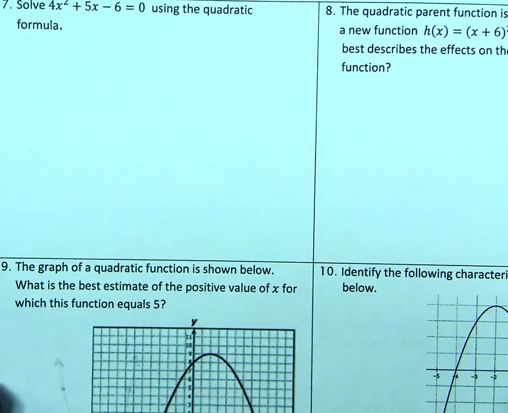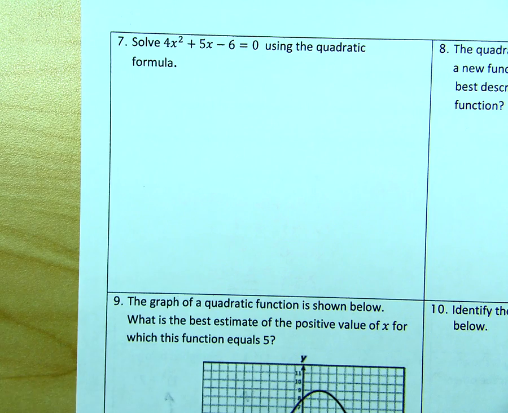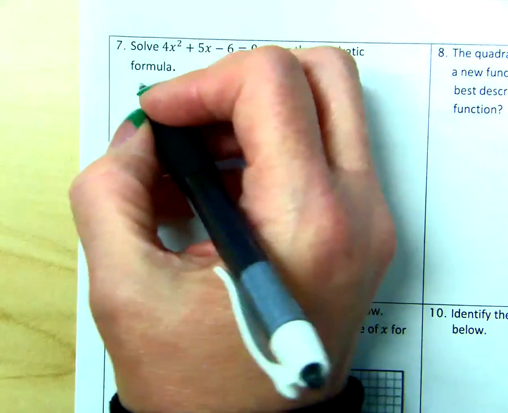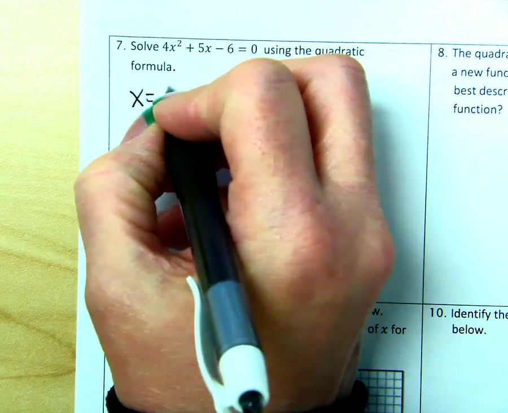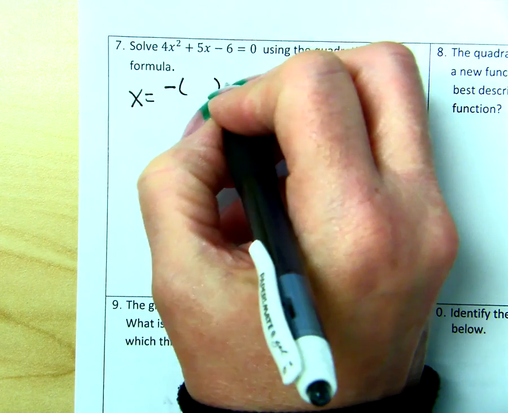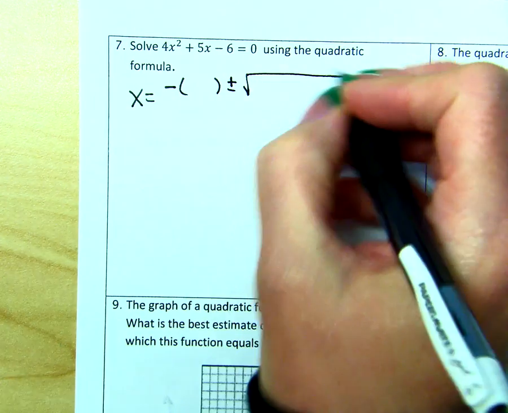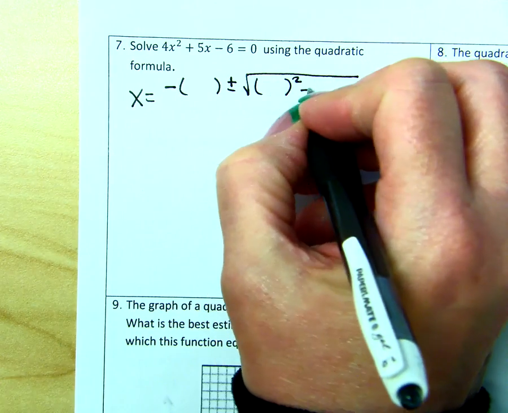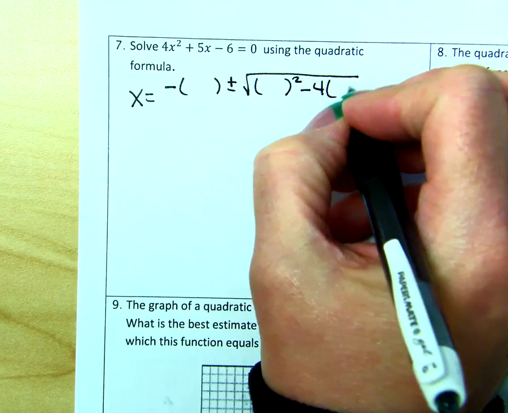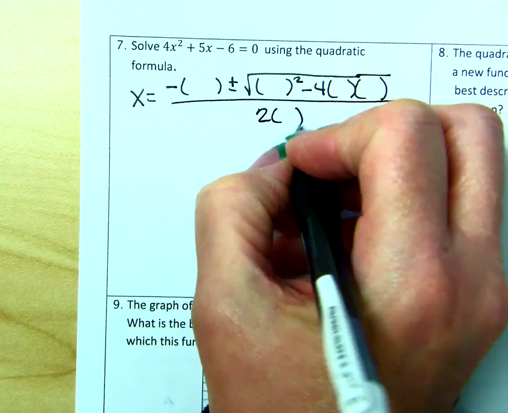On the back, we now have to use the quadratic formula to solve. So this time, we'll go ahead and make our skeleton, but we're going to have to solve. We're not just going to substitute in, we're going to actually go through the process of finding out x equals.